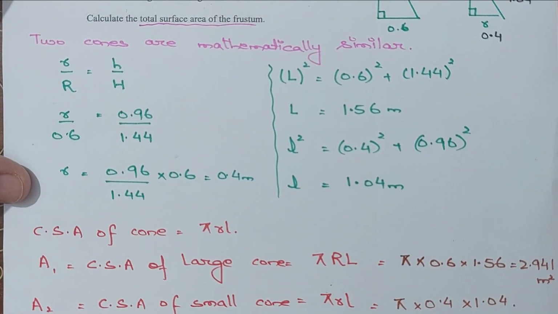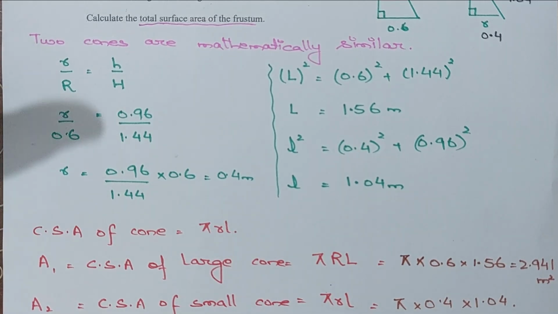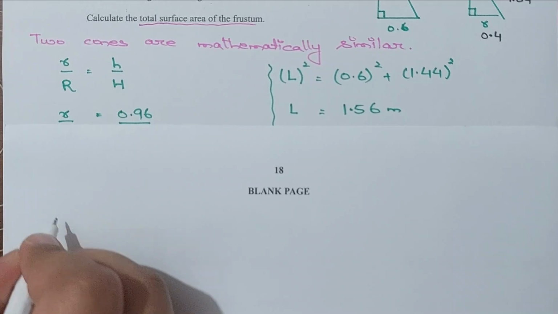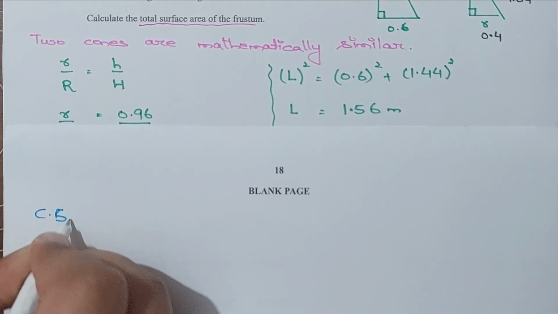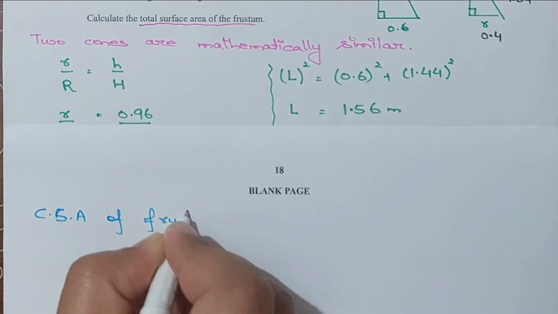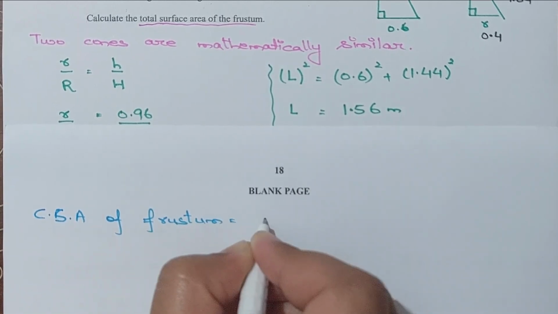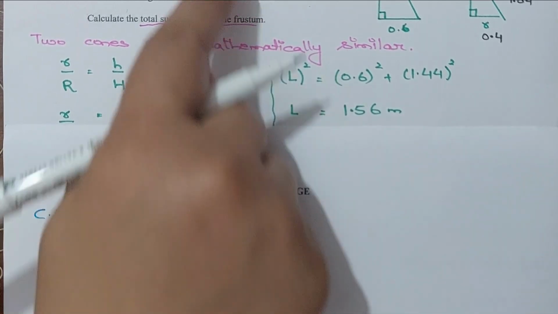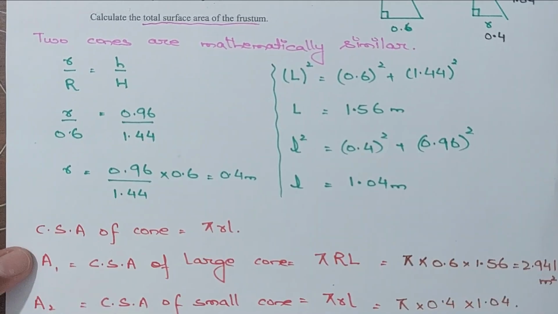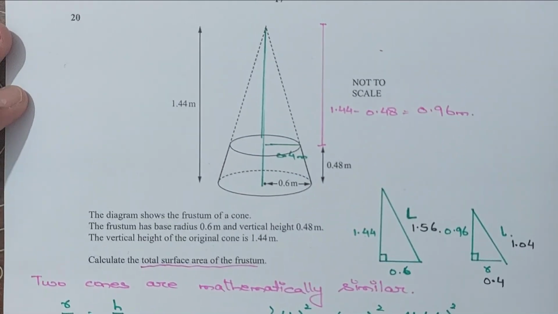Now let's solve for the curved surface area of a frustum. The curved surface area of the frustum is the curved surface area of the larger cone minus the curved surface area of the smaller cone, A1 and A2. Let me explain one more time.